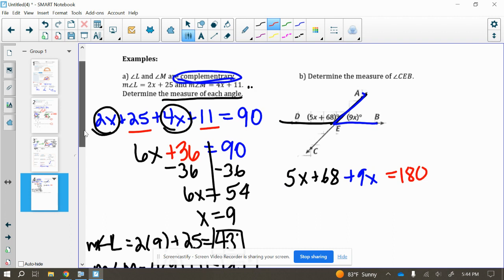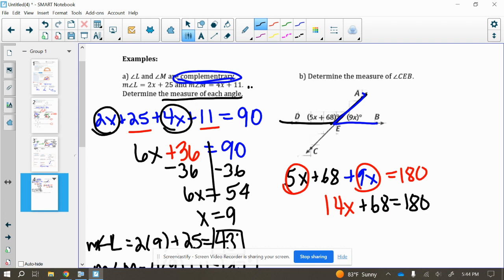So if we add these two together, we have 5x and 9x, so 14x's, plus our 68 equals the 180. Subtract that 68 over, get 112. And when we divide by 14, x equals 8.